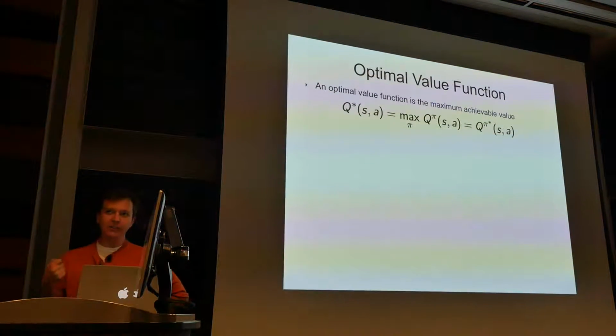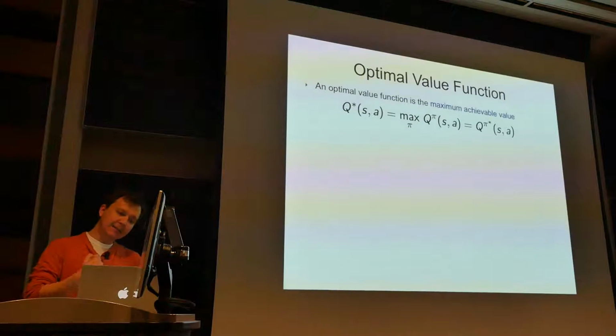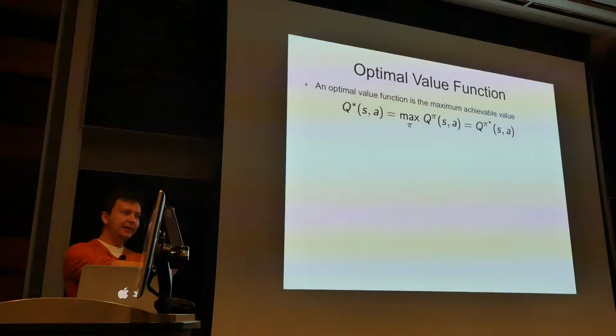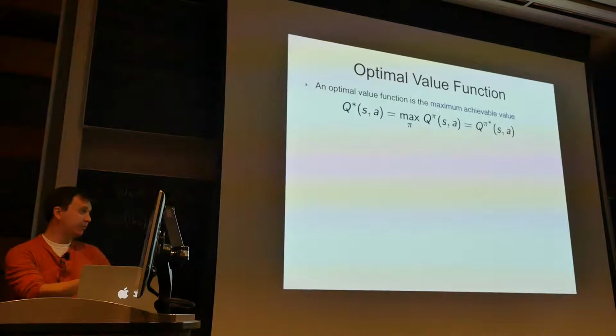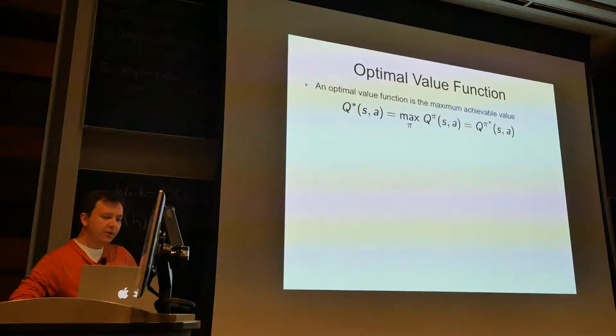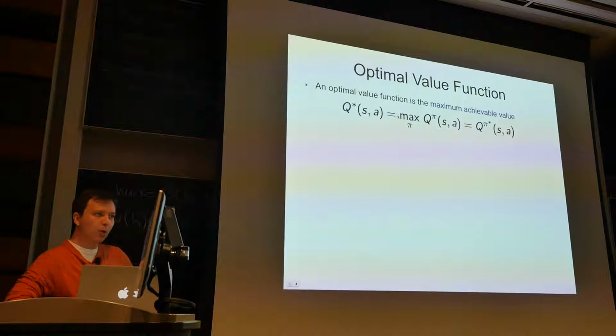It's saying what's the expected reward if I'm in state S and take action A and I follow policy pi. My total expected reward might be negative if my policy is really bad. But the optimal value is the maximum over all possible policies. And that's the function that you're trying to learn.